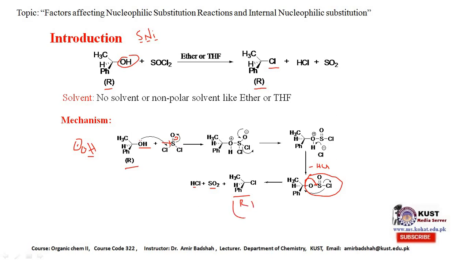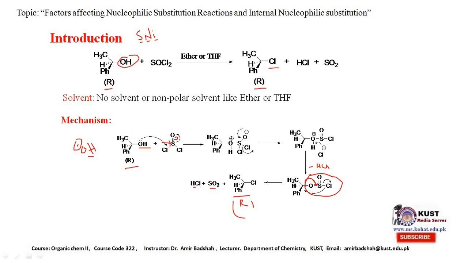So how do we understand that a reaction has occurred through the SNi mechanism? We know from the previous lecture that in SN2, inversion of configuration, also called Walden inversion, takes place. But in the case of an SN1 reaction, we know that racemization takes place.